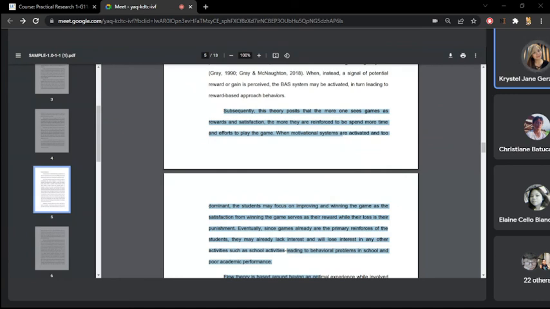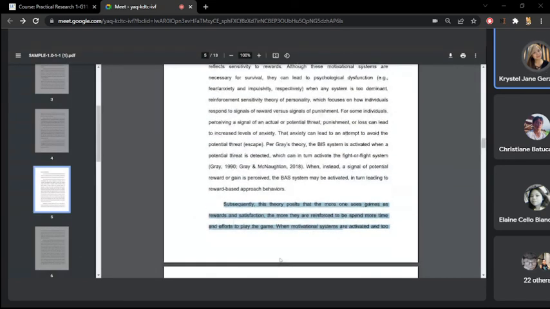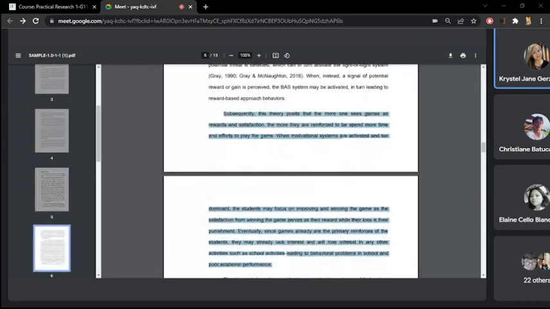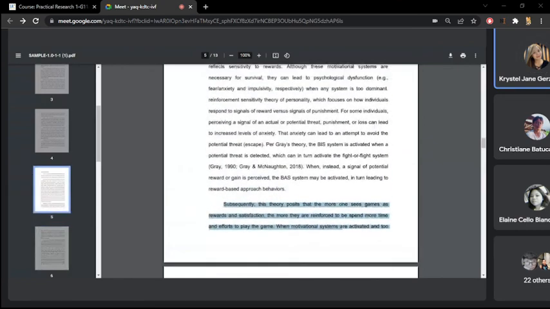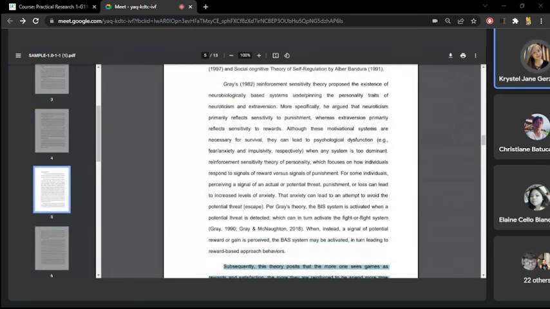Eventually, since games are already primary reinforcers of the students, they may lose interest in any other activities, such as school activities, that would lead to behavioral problems in school and poor academic performance. That is its explanation of how the theory can support your study.